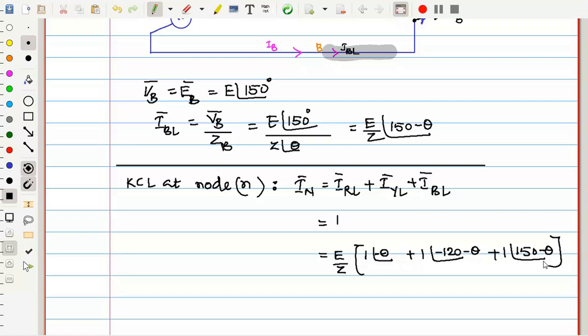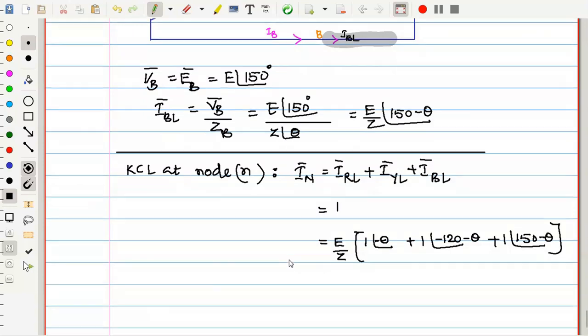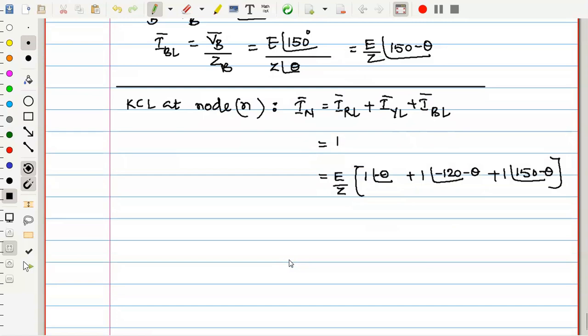Now you write down this into sine and cosine forms, or let us assume some angle for simplicity. It doesn't matter what the angle theta is. So let theta be equal to 0, or 30 degrees, or minus 30 degrees. Any angle you choose.